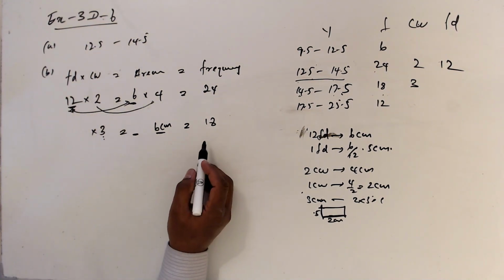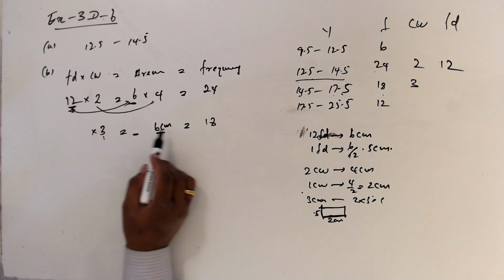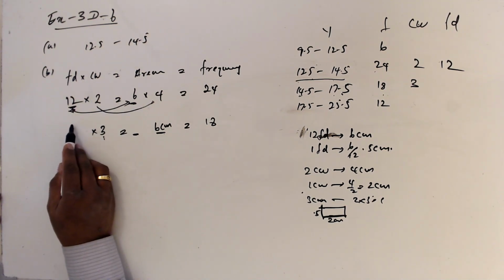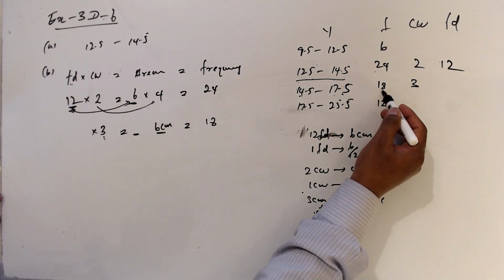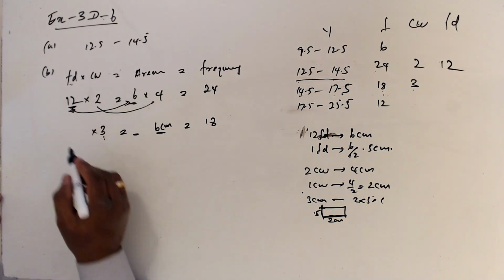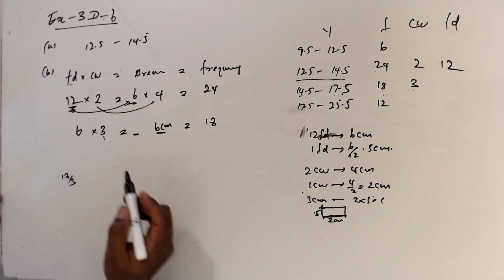Now, since we know the class width is 3, we managed to find the width. But do we know the height? The frequency density, FD, is 18 divided by 3, which is 6.